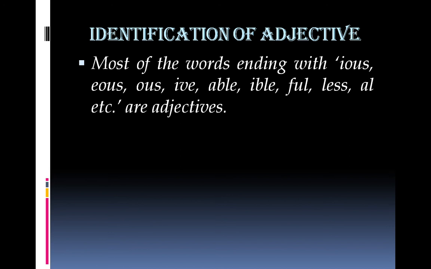I'm not suggesting that every adjective will end with these letter combinations. There are adjectives which don't end with these letter combinations. And there is another important point, that words ending with these letters are mostly adjectives when these letter combinations have been added to another root word to make a new word.